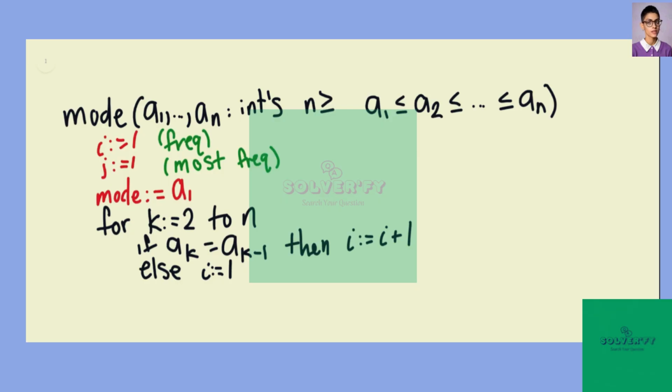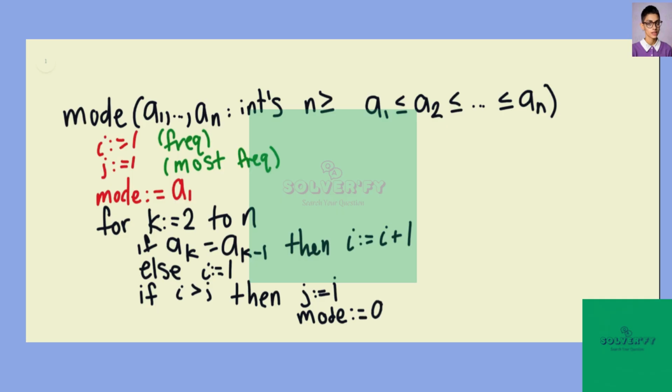Right, so if i is greater than j, then we want to set j equal to i, and also set the mode equal to a_k.